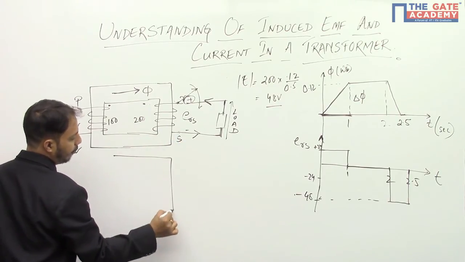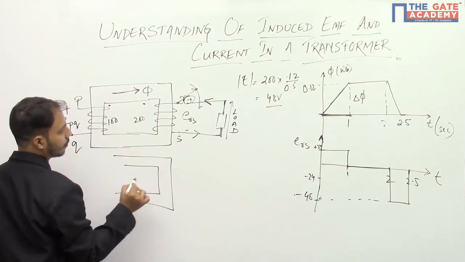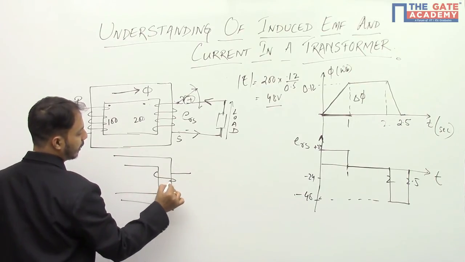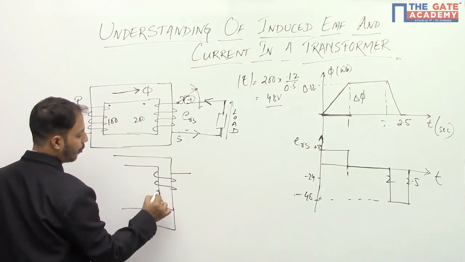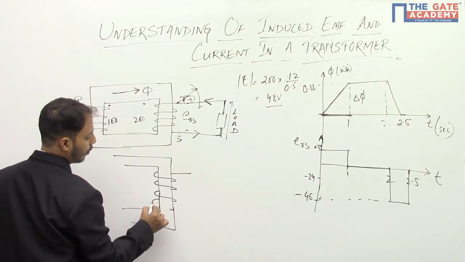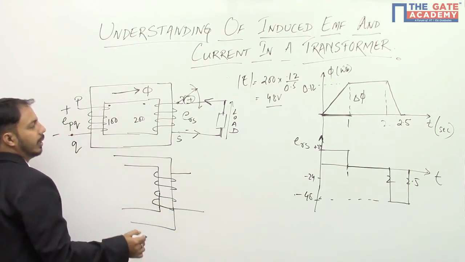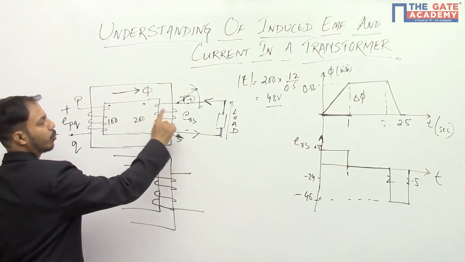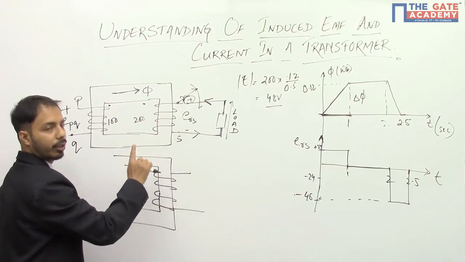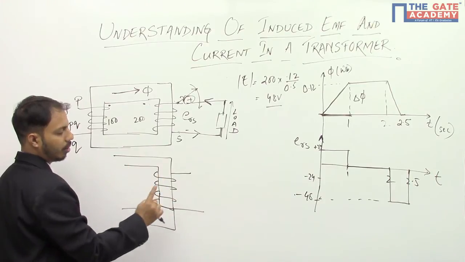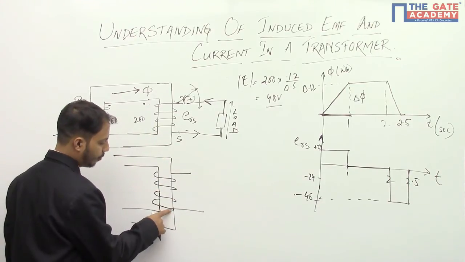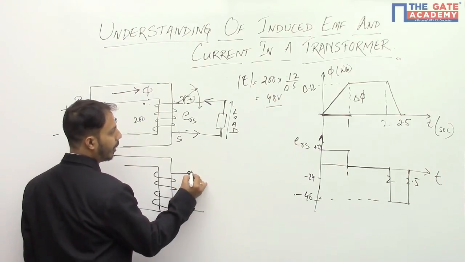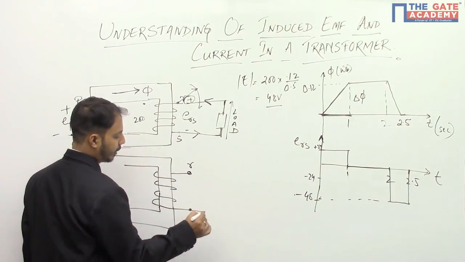If my secondary winding changes, that means if it is something like this, I hope you are able to find the difference in both the cases. Here it is wound in this way, whereas here it is wound in, so if this is clockwise, this is anti-clockwise direction. Okay, now suppose this point is R and this point is S.